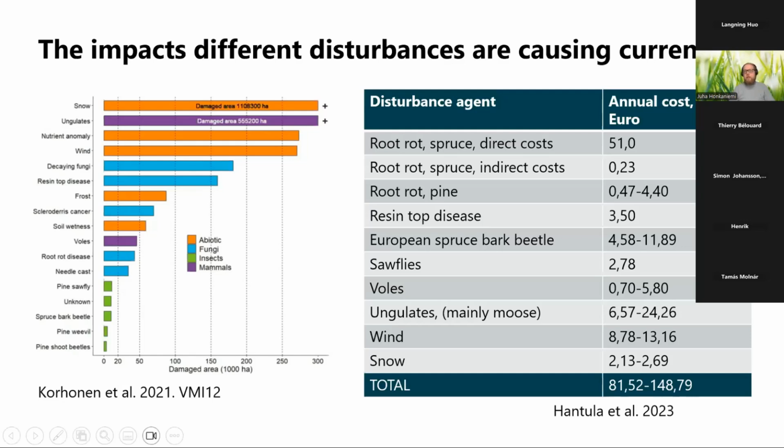And the biggest agent for that is the Heterobasidion root rot on spruce, causing over 50 million euro losses, followed by moose damages, wind disturbances, snow disturbances, and increasing European spruce bark beetle disturbances.